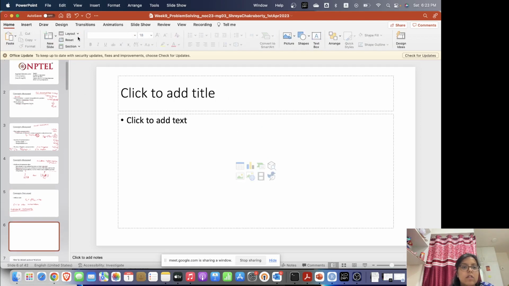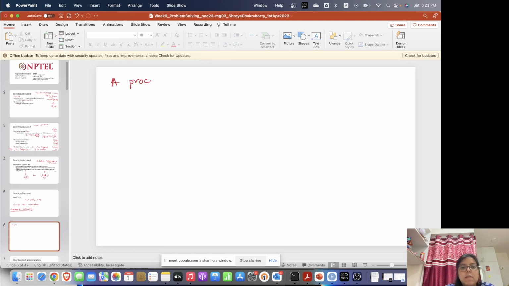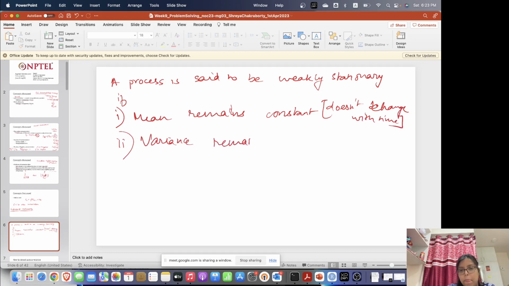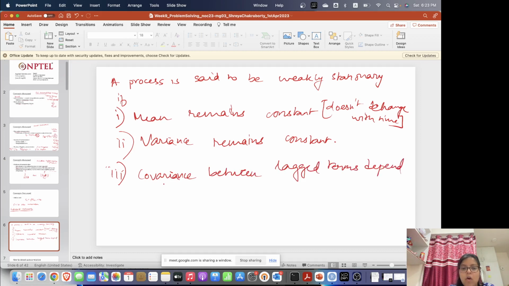A process is said to be weakly stationary if the mean remains constant, doesn't change with time, the variance remains constant, and the covariance between lagged terms depends only on the lag.